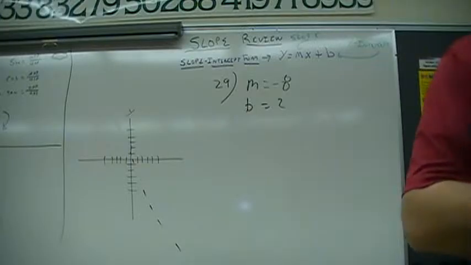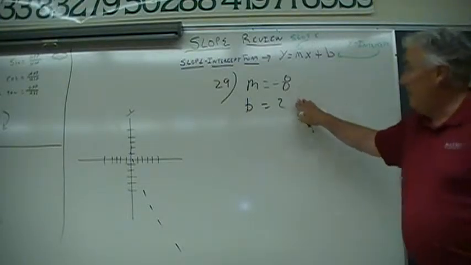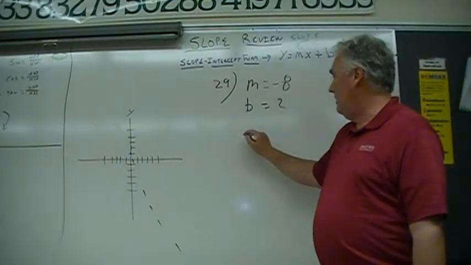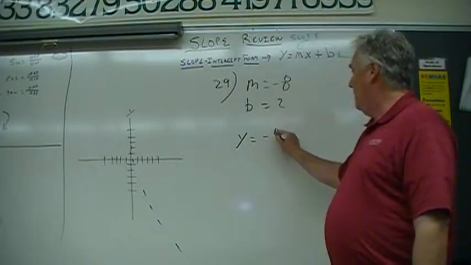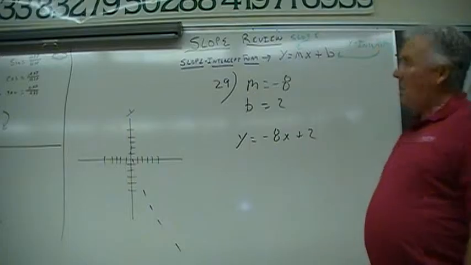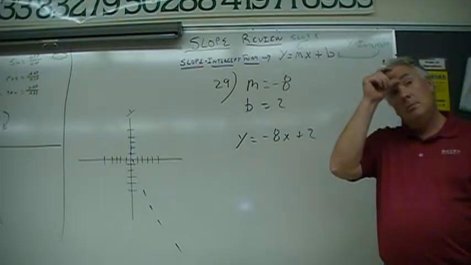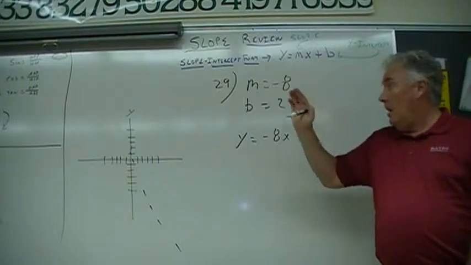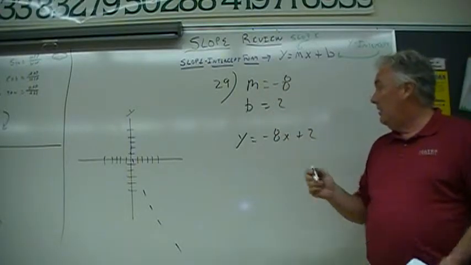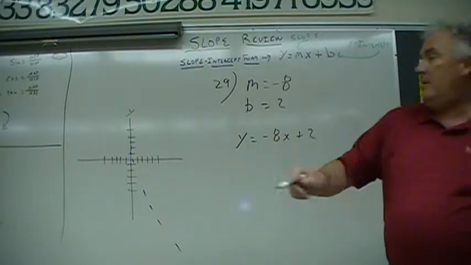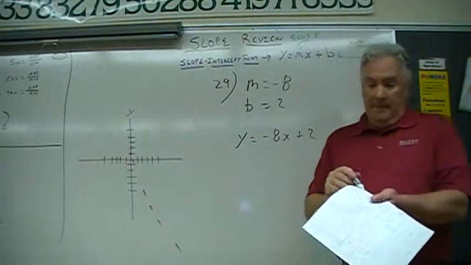Write an equation with the following information. So if we know this is negative 8 and this is b, y equals negative 8x plus 2. And this will give you this line. You could graph it in the same way that we've graphed these.